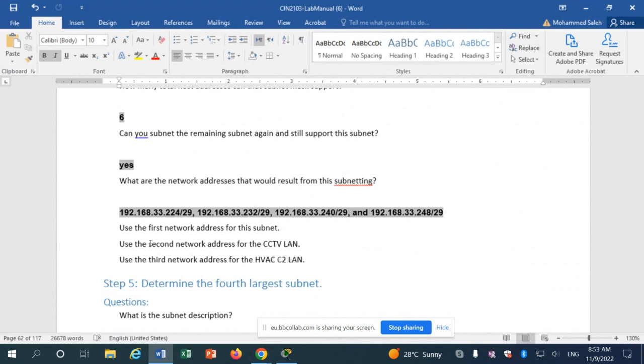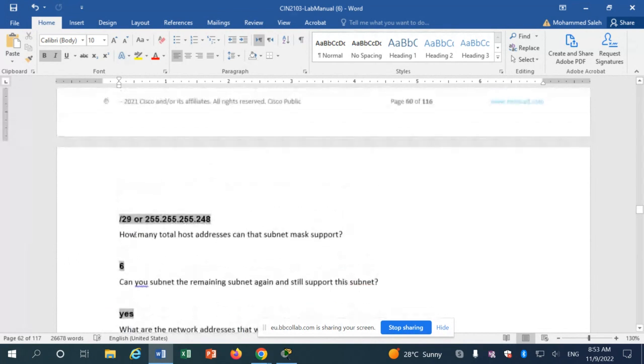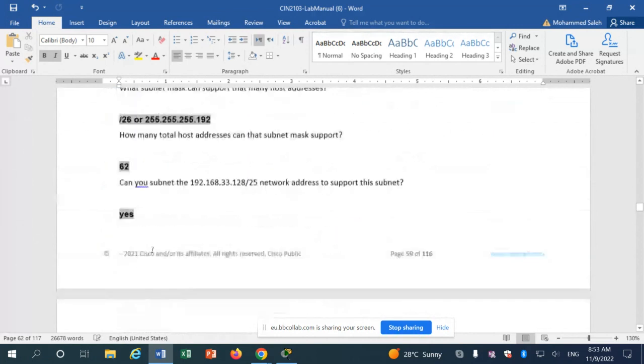Okay? You saw how they got this answer? So we can use the first one for the IoT, the second one for the CCTV, and the third one for the HVAC LAN.